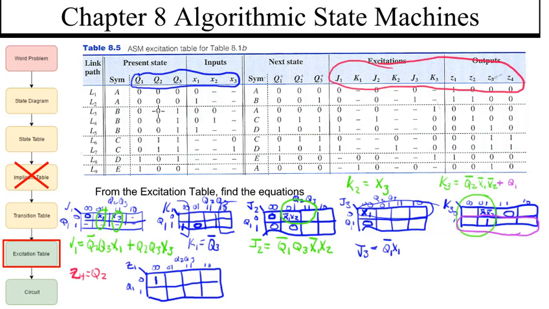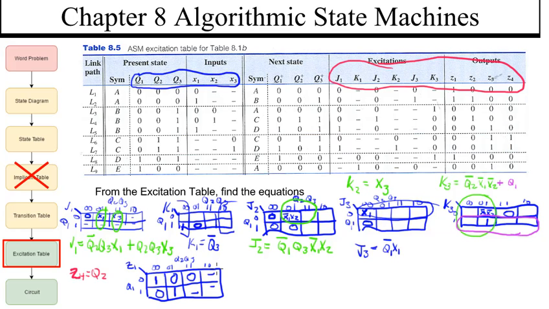Okay, so for the 0, 0, 0, Z1 is a 1. For the 0, 0, 1, Z1's a 0. For the 0, 1, 1, Z1's a 0. For the 1, 0, 1, Z1's a 1. For the 1, 0, 0, Z1 is a 0. So the rest of these are don't cares.